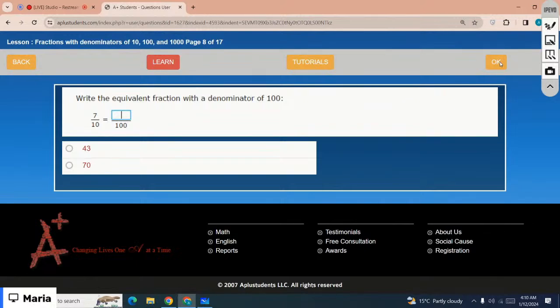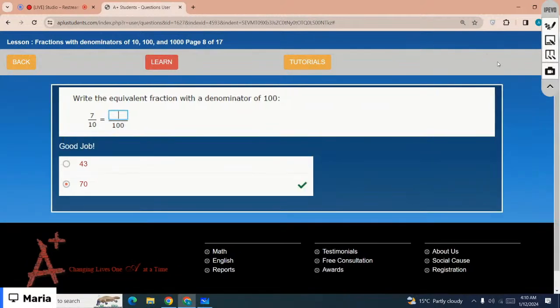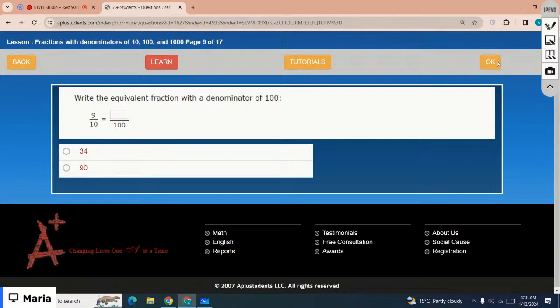The correct option is 70 over 100. You can complete the lesson by yourself later today.